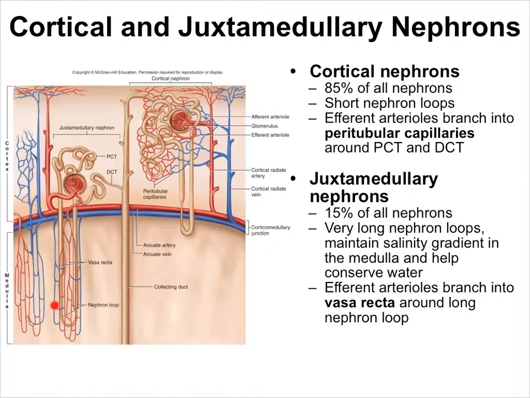These are ones that are going to take a lot of water out on the way down and take a lot of salt out on the way up. They tend to produce more concentrated urine and conserve more water.